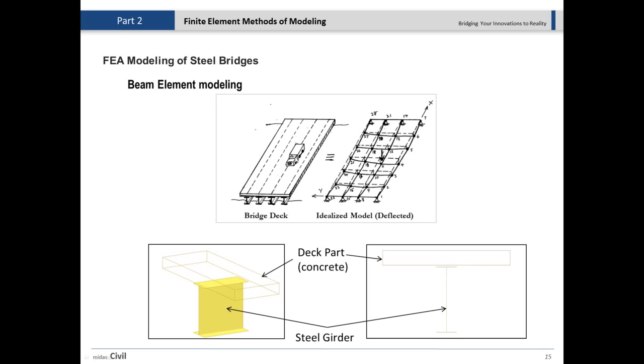And what you can do, you can simplify this bridge with a grillage model or idealized model. By that I mean, we assume that there are longitudinal beams, which are main girders, and then to model the concrete deck we have to use two things.